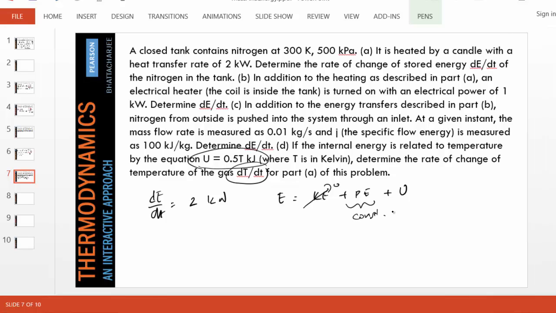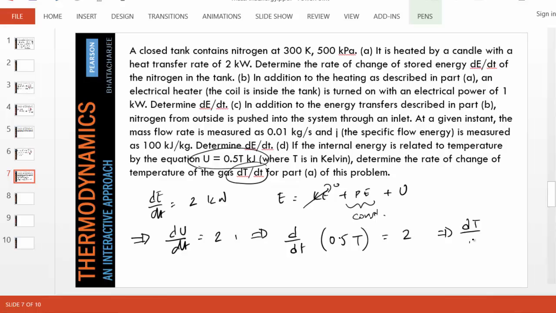So therefore, the EDT reduces to the derivative of a constant, which is 0, so it becomes dU/dt equals 2. And if we substitute the expression for U, d/dt of 0.5 T equals 2. So therefore, 0.5 comes out, we get dT/dt equals 2 divided by 0.5, or 4 Kelvin per second.